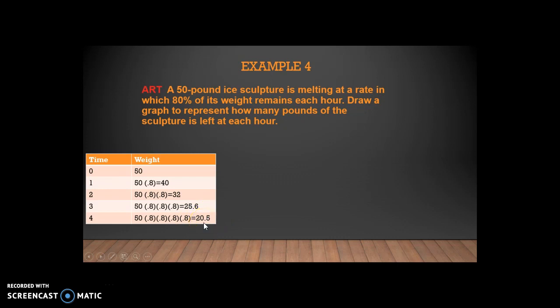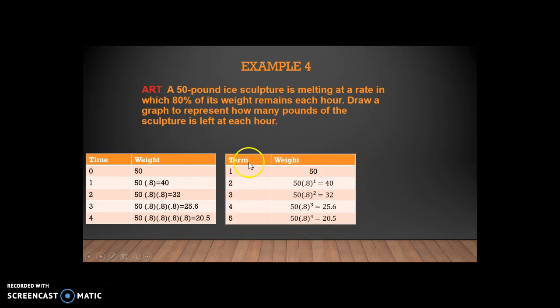All right. Now, how does that look in our nth term formula? Well, if we think of it this way, the same exact sequence, we're going to call the term 50 the first term, and then an hour passes, so our second term is 40. We're now multiplying by 0.8 once. But if we think of it in terms of just numbers, notice that I'm using the 0.8 once.